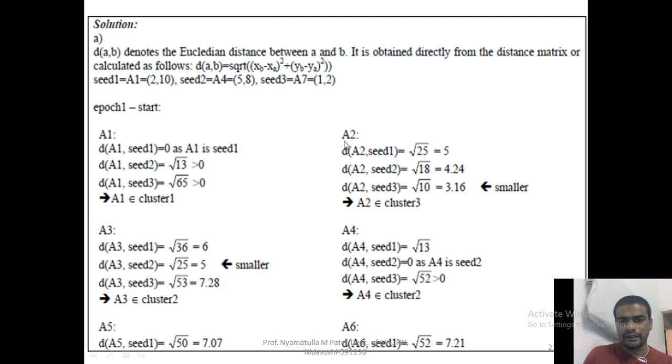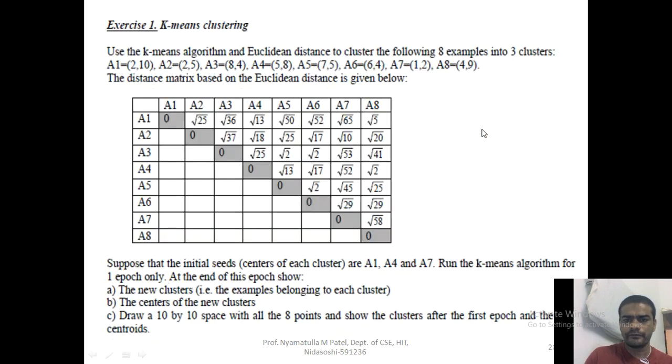Then you take A2. Seed 1 is A1, seed 2 is A4 and seed 3 is A7. A2 to A1 is root of 25, that is 5. A2 to A4 is root of 18, that is 4.24.